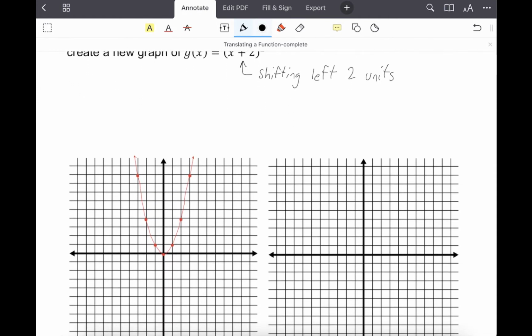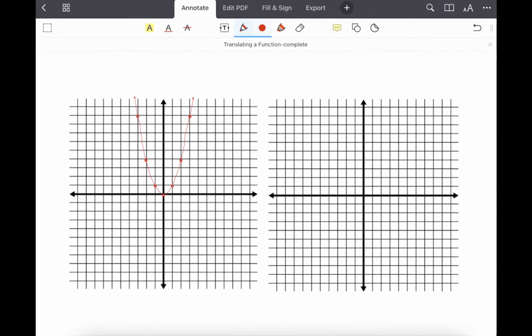Taking these points that we already have, we're shifting them to the left 2 units. I'll start at the origin and shift it to the left by 2, put a dot right here. I'll then use these points here, so this 1, 1 is a point, shift it to the left 2, gives me negative 1, 1. Negative 1, 1 shifted to the left by 2 gives me negative 3, 1.